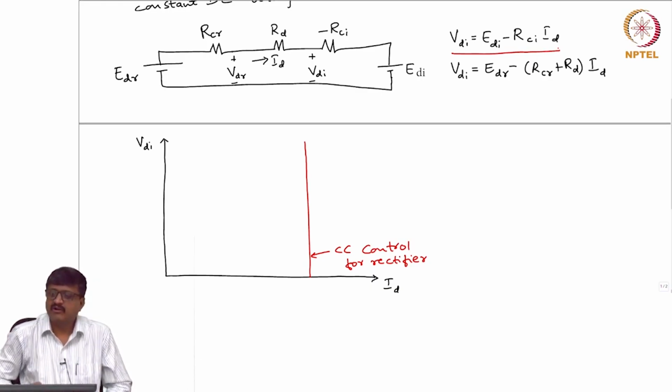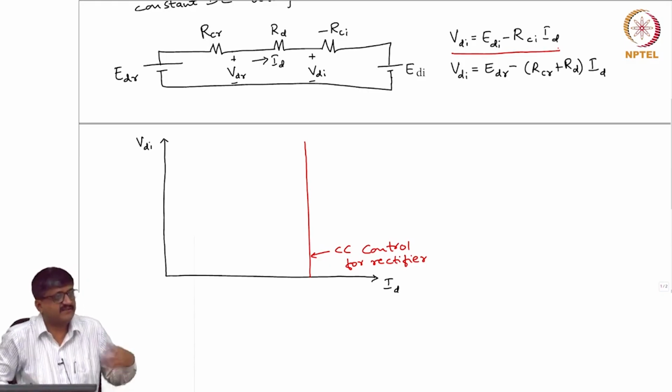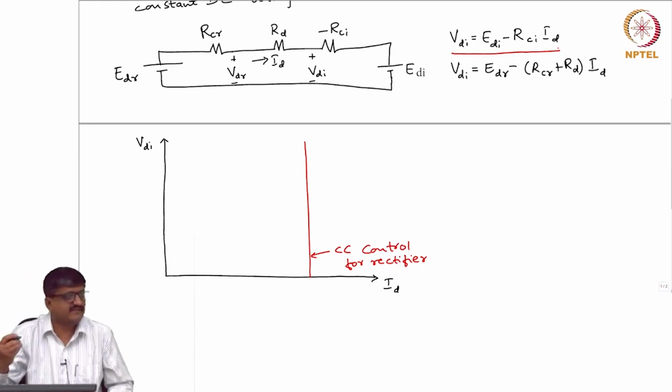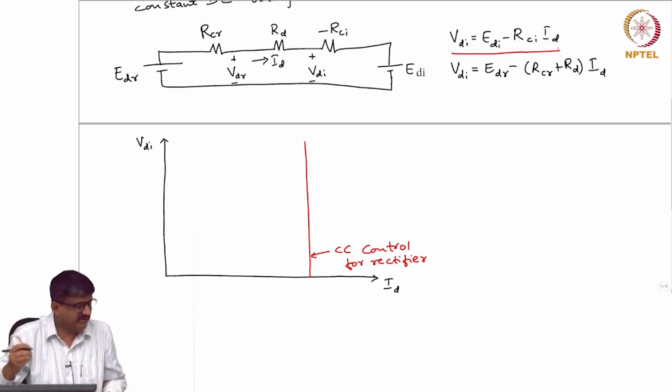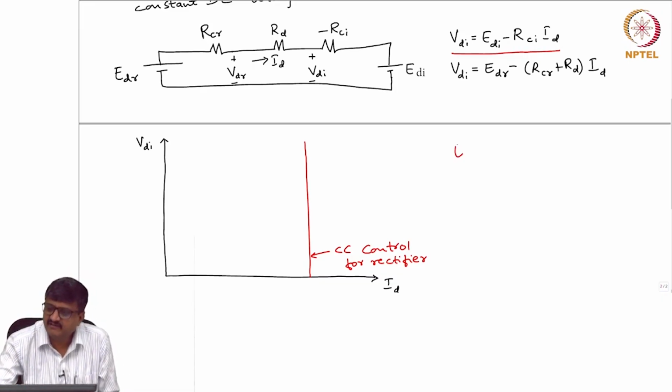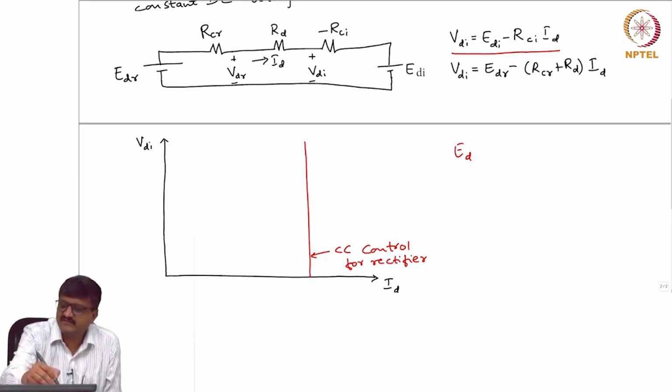Now, what about EDI? We are fixing gamma, so it depends on gamma. If all other things are constant, look at the expression for EDI. I presume you all have it.